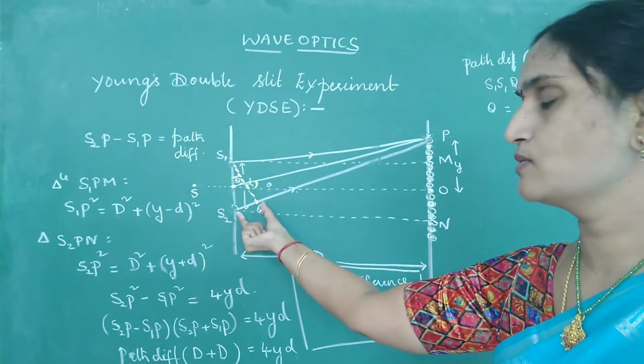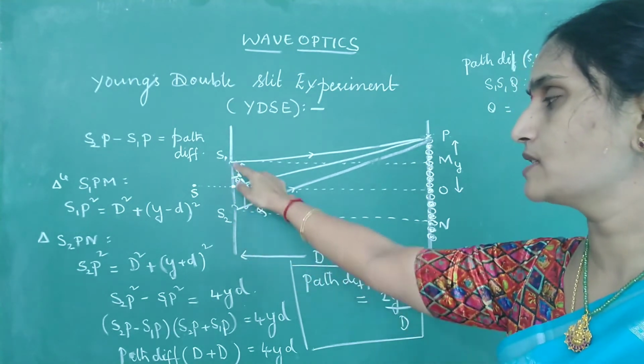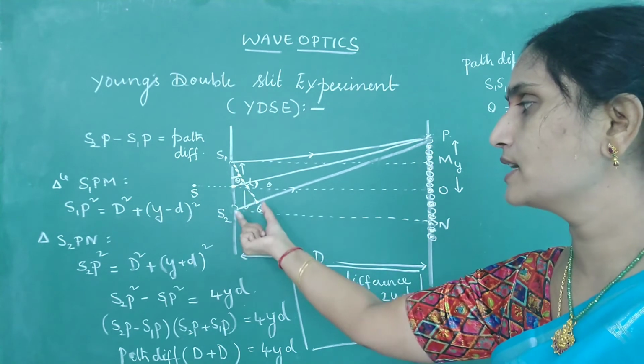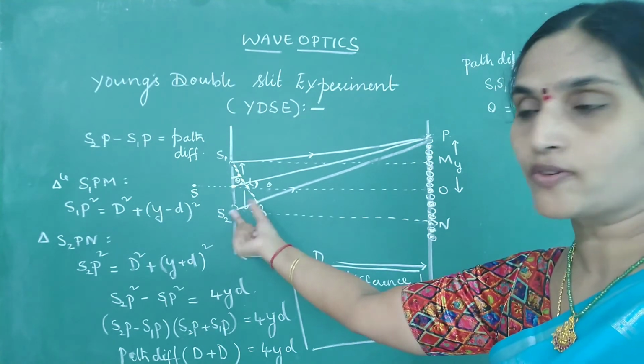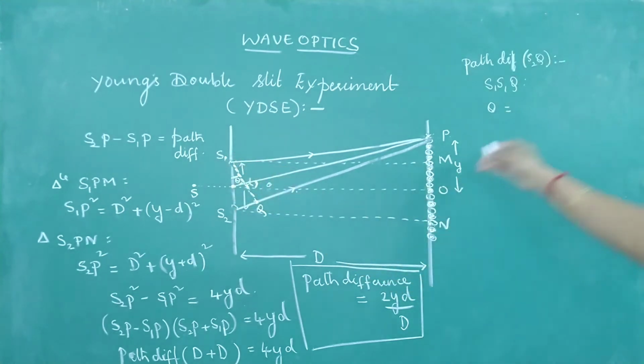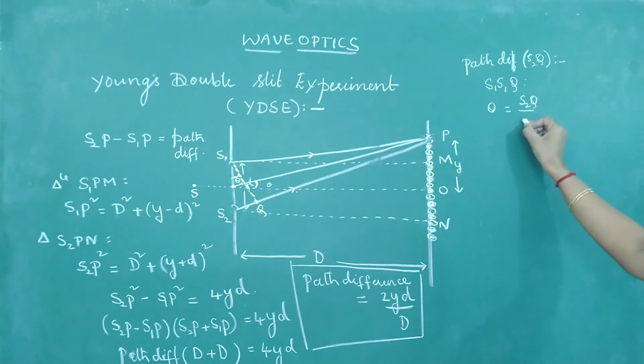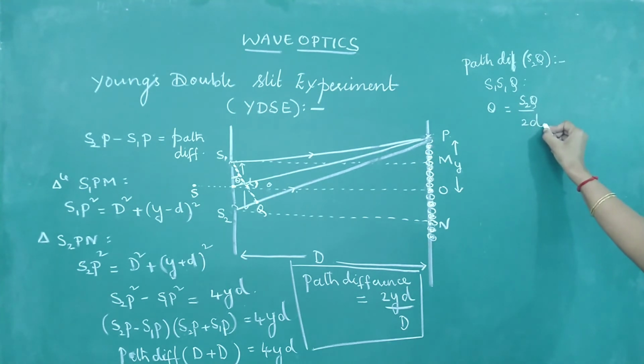Since theta is very small, tan theta and sin theta tend to theta. So from this small triangle, I can write theta as S2Q, which is the path difference, divided by the distance between the slits, that is 2D. So I will write theta as S2Q divided by 2D.